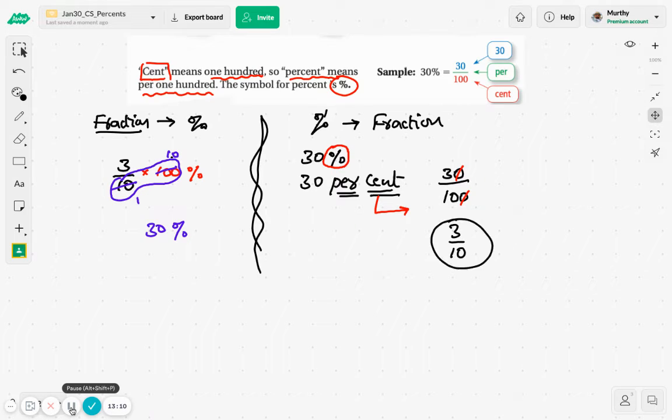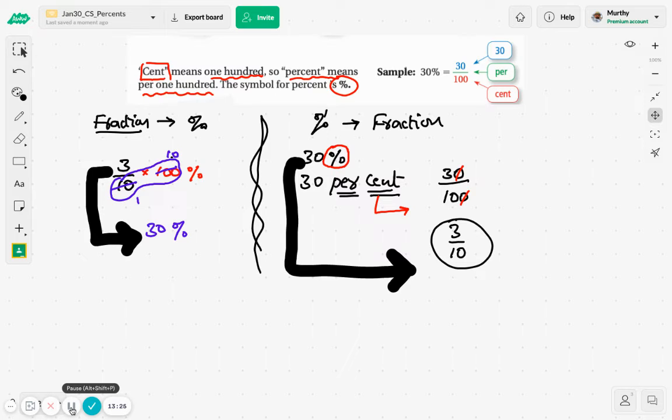Please check that when 30% is given, I got 3 over 10 here. And see that when 3 over 10 is taken, we got 30%. So working backwards, yes, it's working. So here 30% means 3 over 10, and on the left side, 3 over 10 equals 30%.